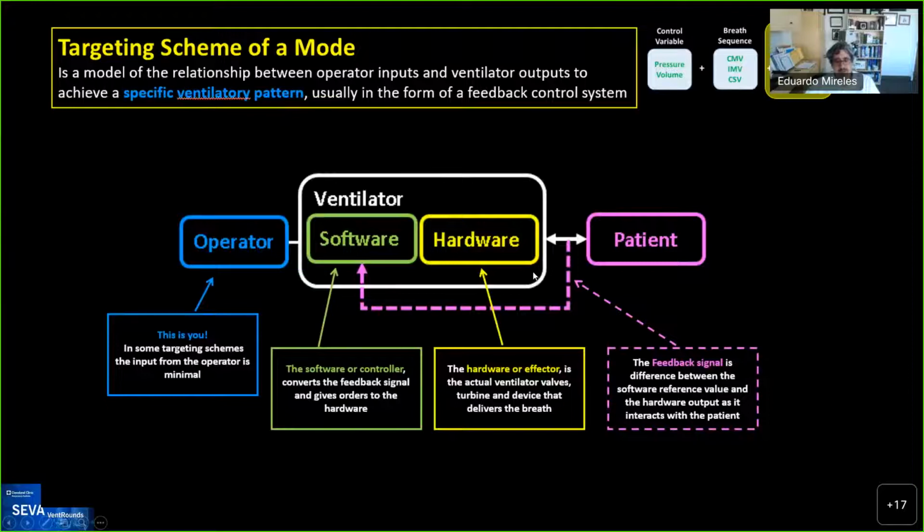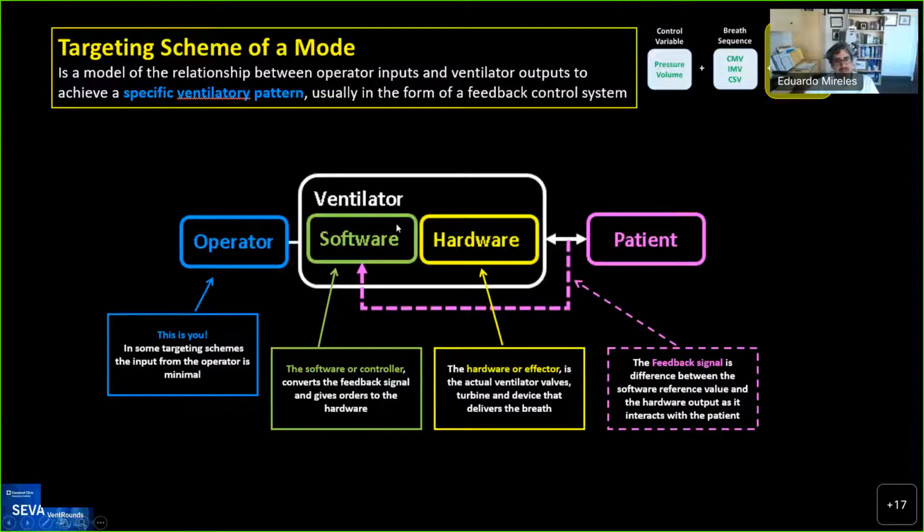And so essentially you can imagine that the ways that you can program the ventilator are endless. There are multiple ways, and very many differences that can make it really hard to understand what the ventilators actually do.